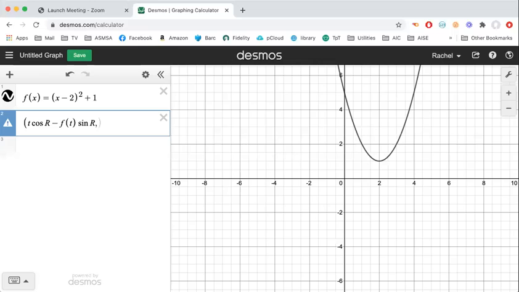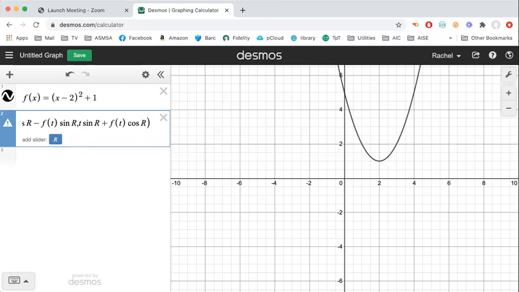So that's my x coordinate. Now my y coordinate is t sine of my rotation angle plus f of t times the cosine of my rotation angle, close parentheses.